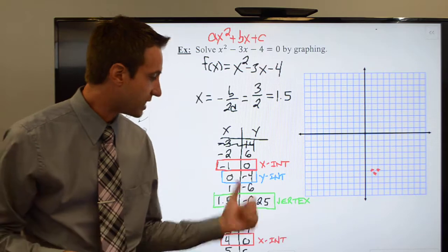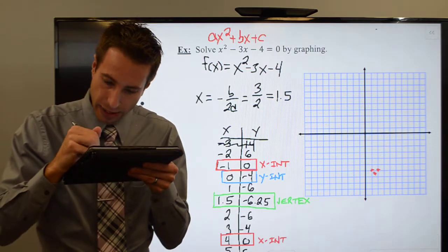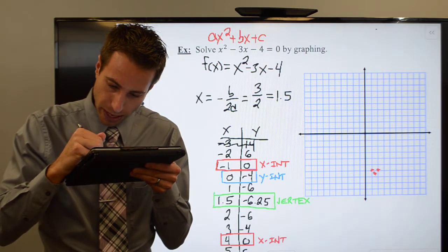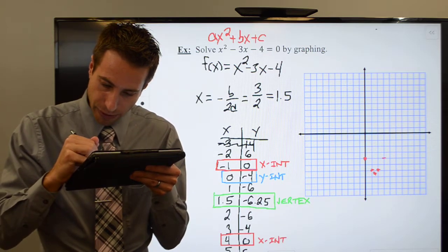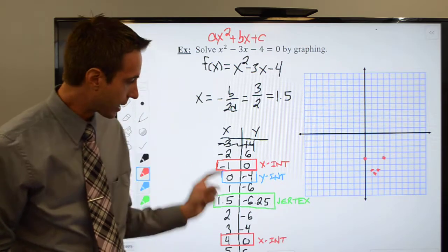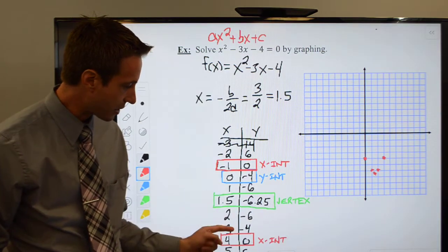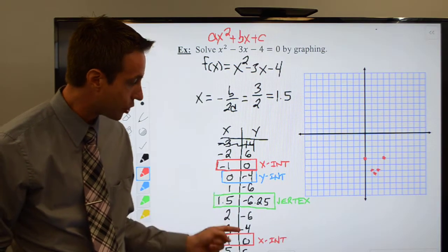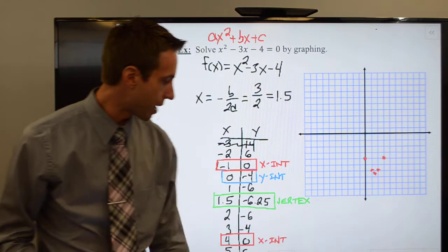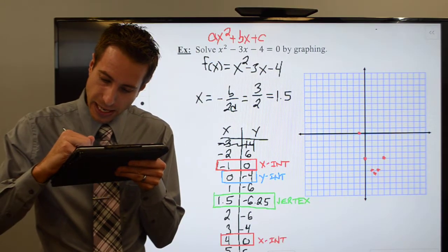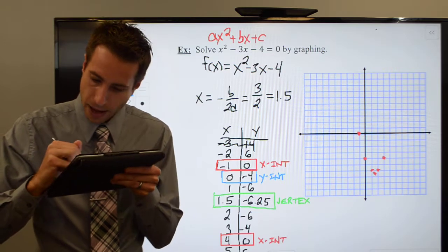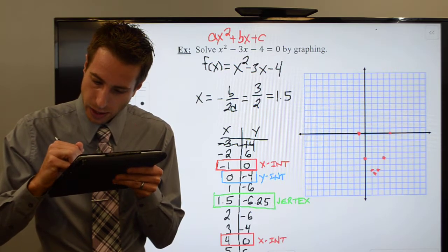All right, my next one, 0, -4. That's my y-intercept. 0, 1, 2, 3, right there is where I cross the y-axis, and I also be at 3, -4, right? Because this point and this point are mirror images of each other. I have -1, 0. This represents one of my x-intercepts. I also have 4, 0.